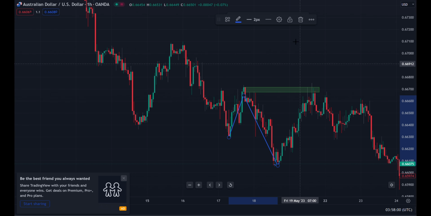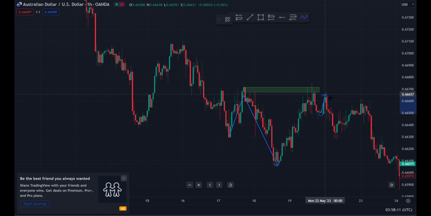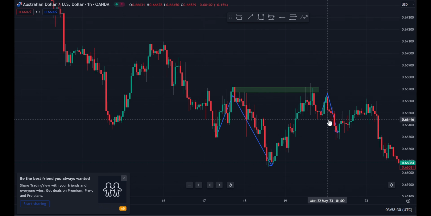This here. I'm not going to remove this. Let me just show you this one also, a little bit of a rally. For the rally base drop, it doesn't matter if the rally is not equal to the drop. What matters most is to find the rally base drop setup.